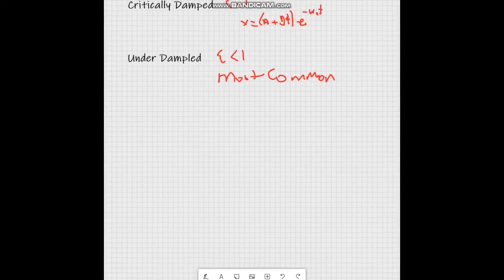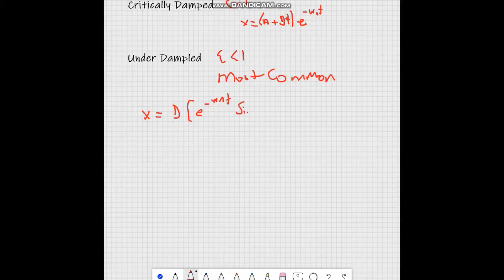The solution of this underdamped is x equal to D multiplied by exponential minus psi natural frequency multiplied by time, sine of omega d t plus phi.